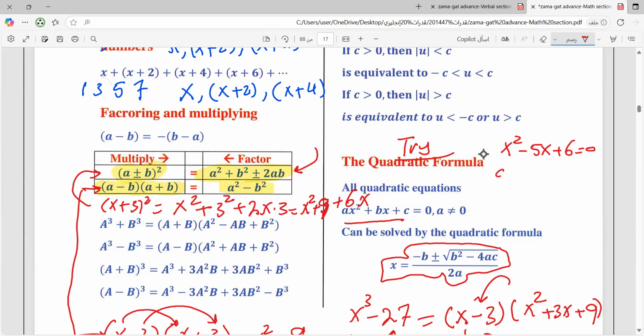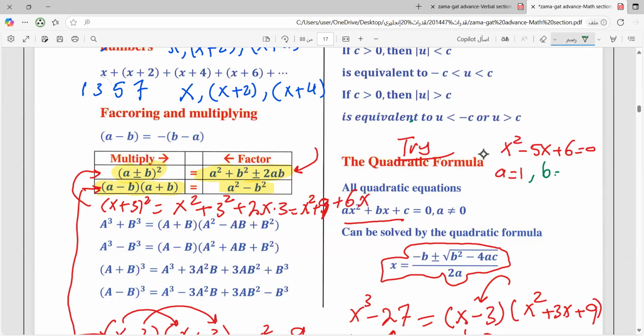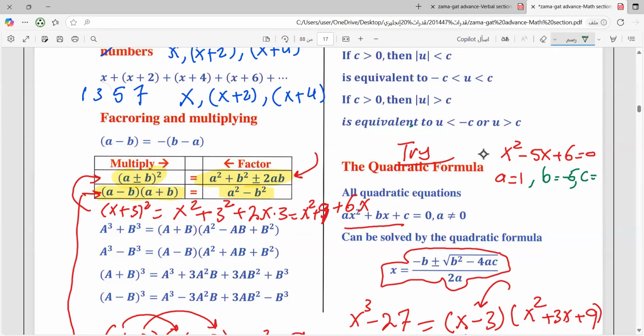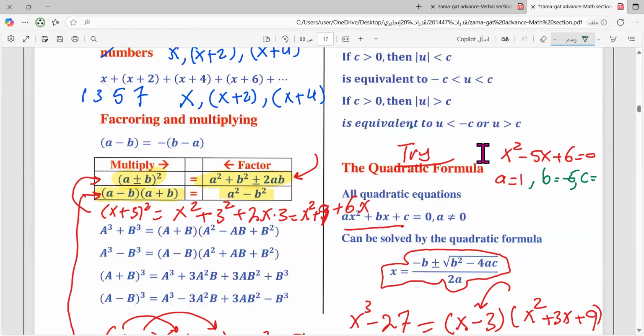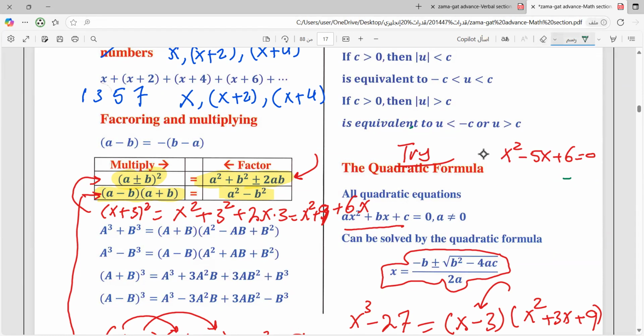So a equals 1, because here is a. B equals -5. C equals 6. So these are the coefficients of the formula. Again, a equals 1, b equals -5, c equals 6.